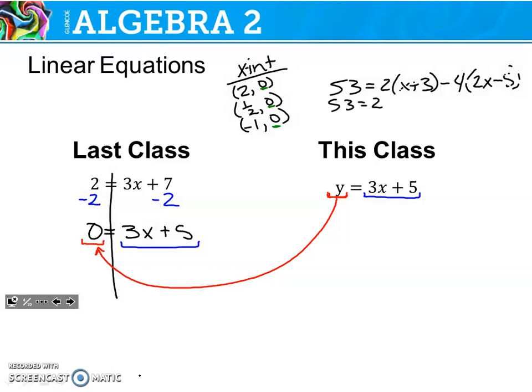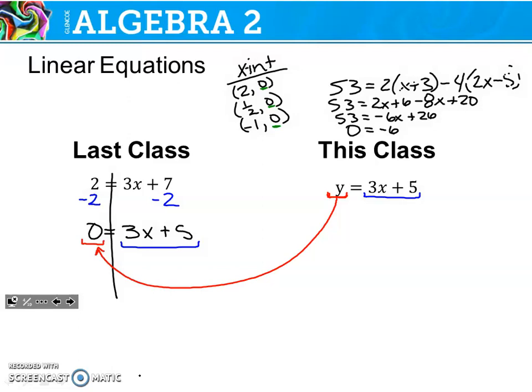53 equals 2x plus 6 minus 8x plus 20. Okay, 2x and negative 8x gives me negative 6x. 6 and 20 gives me a positive 26. I need to get 53 to the other side, so I subtract 53 over.